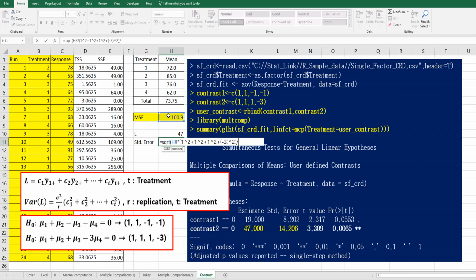And over r. So r is the number of replications, so 6. Right. Yeah. So we can get this one. The t-value is actually estimate over standard error, right?